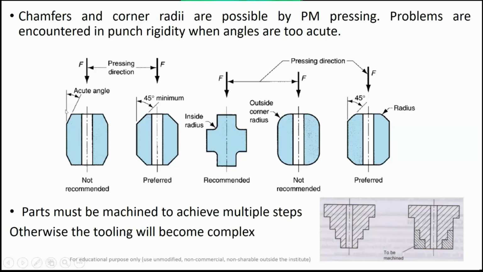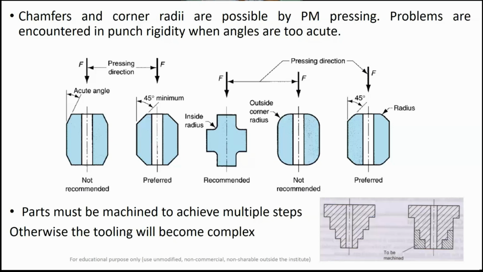Then two sharp angles should not be there, so at least a 45 degree minimum fillet or corner radius is given in the part. Suppose you want to give this much of an acute angle, then a similar shape should be present on the punch, and you see that the punch will become sharp, and it will lose its rigidity, its dimensional rigidity.